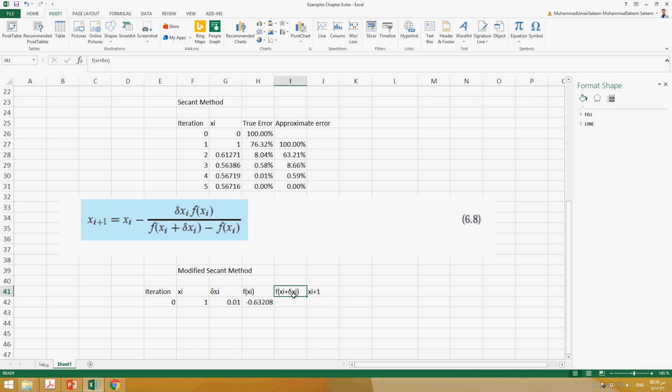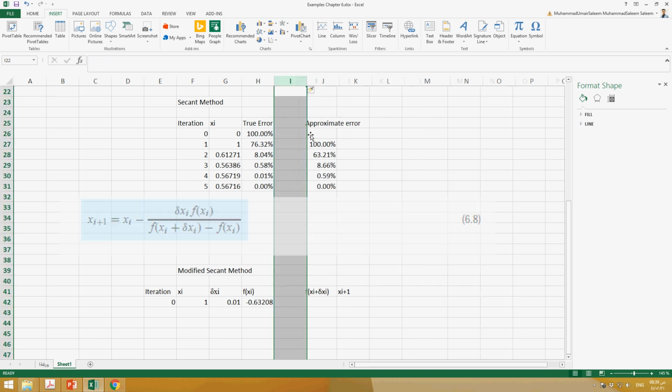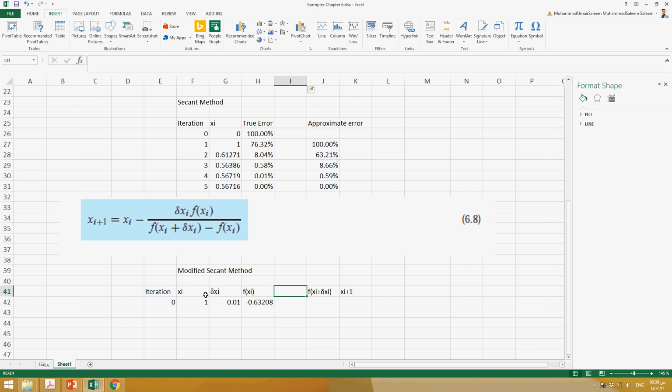But before finding this value directly, you can add one more cell here. For example, this cell is xi plus delta xi, so this will be equal to xi plus delta xi. Then you can use the same expression here, but this value should be this one, and this value will be xi.